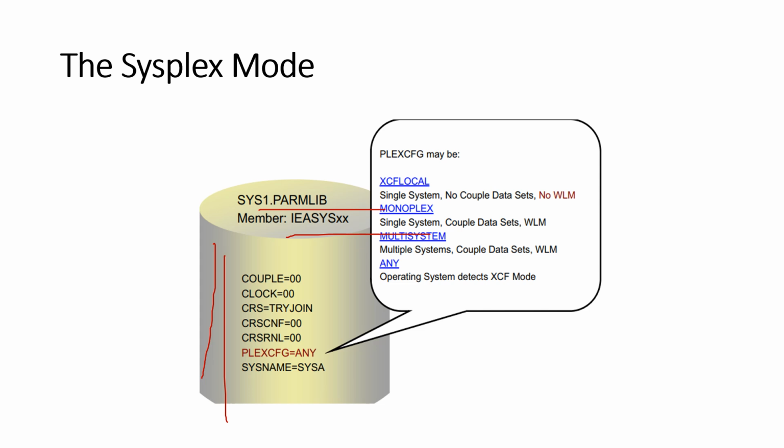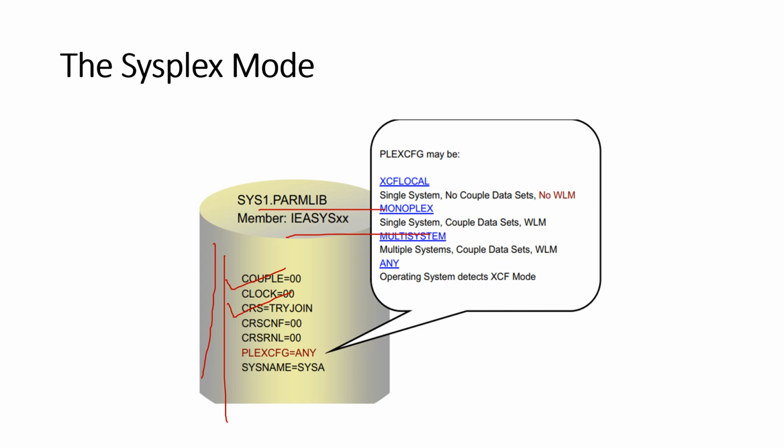So let's discuss one by one. First one is COUPLE. It defines all the couple datasets used at system IPL. Next is CLOCK. CLOCK defines the time source like Sysplex Timer, TOD clock.